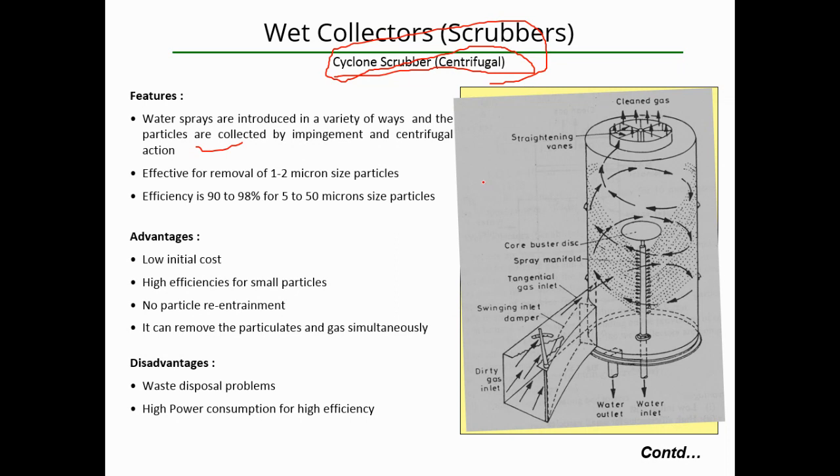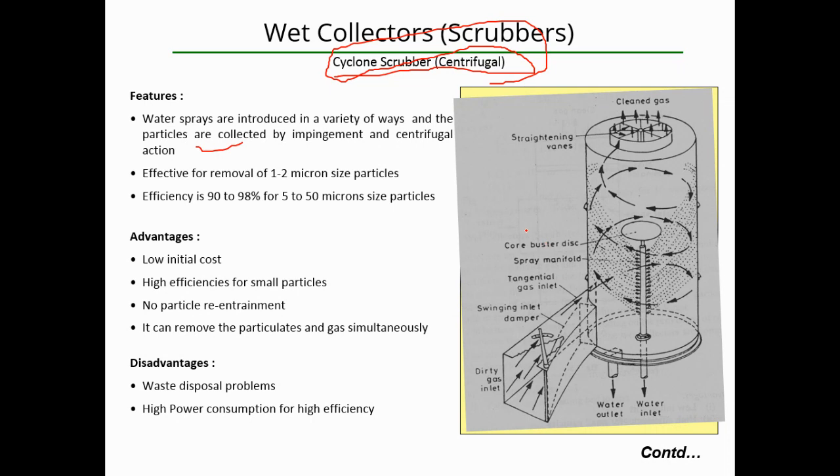The design of the cyclone separator is such that the air is bombarded against the wall of the cyclone separator and the particulate matter falls down into the hopper below. But in the scrubber, this cyclone type of air is also passed, but in between, a water jet is sprayed to wet the dust or particulate matter that is present.